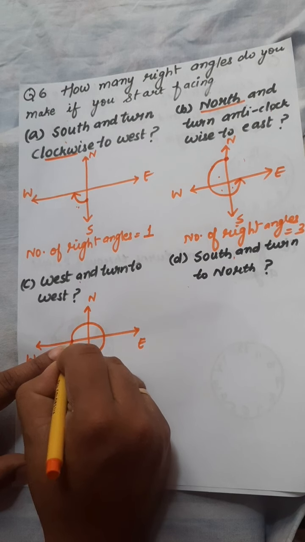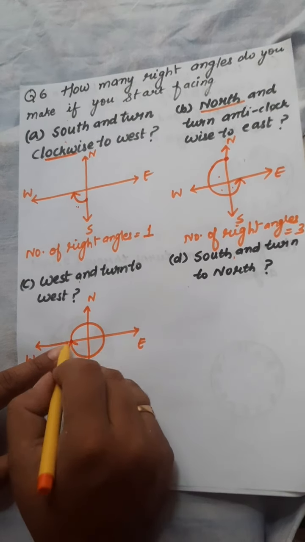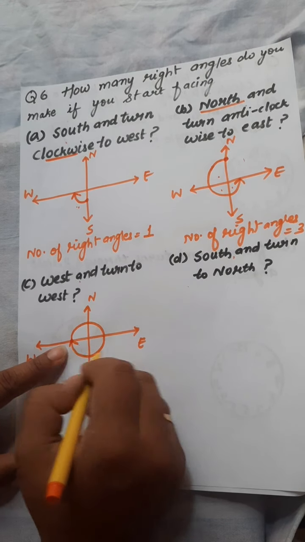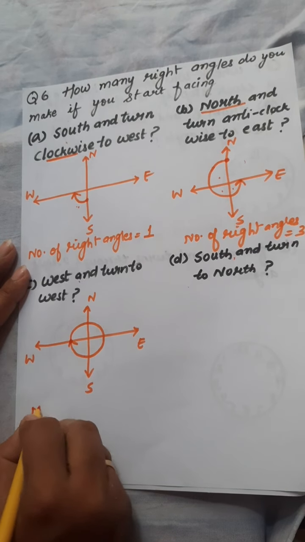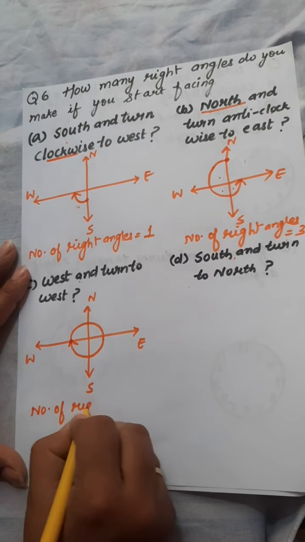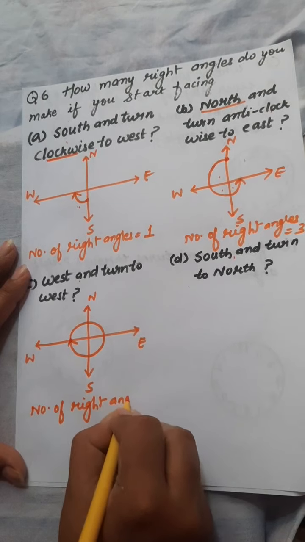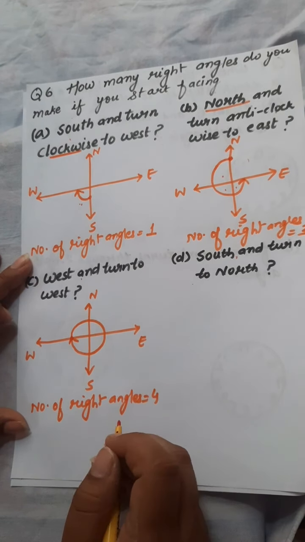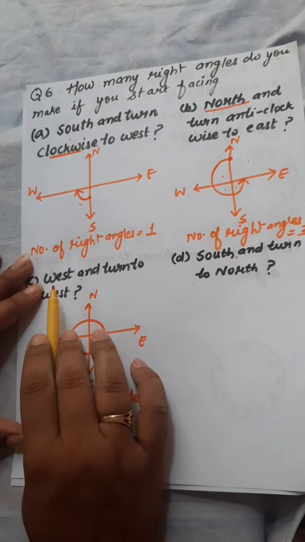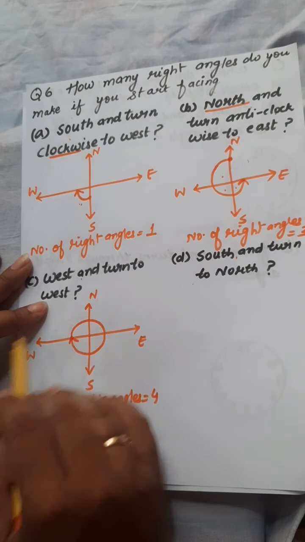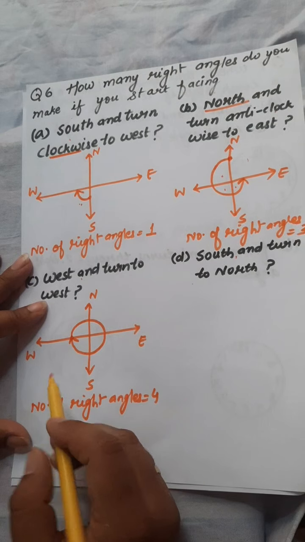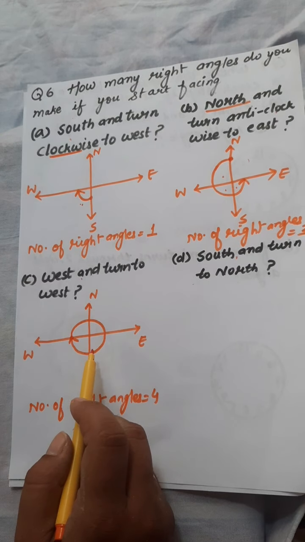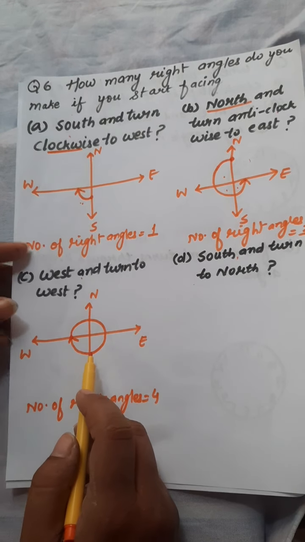If I move like this, now complete revolution, complete turn, and here the number of right angles is equal to 4. If it is not given whether it is clockwise or anti-clockwise, and we know that it starts from west and turns to west, it means it is a complete revolution. So it's up to you. You can move clockwise also or anti-clockwise also.